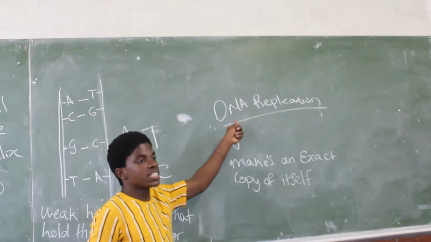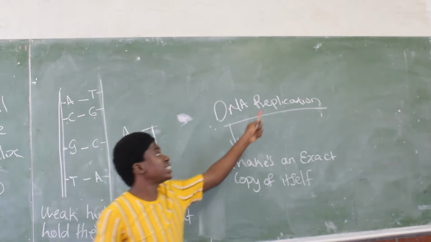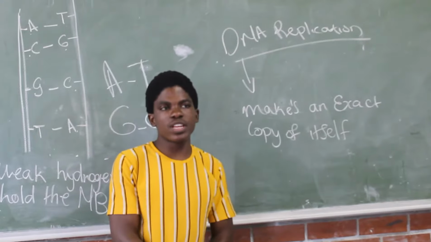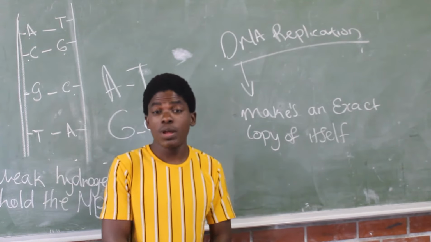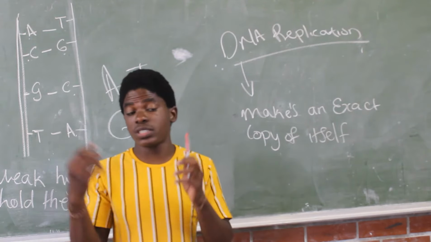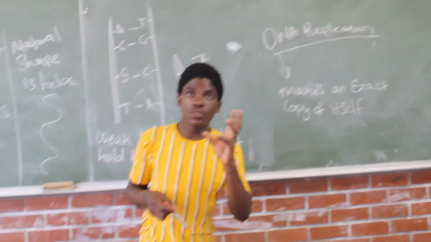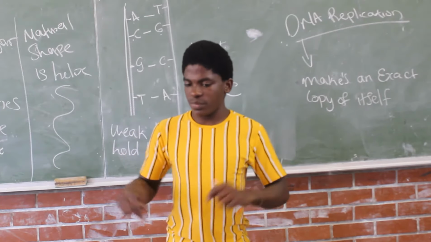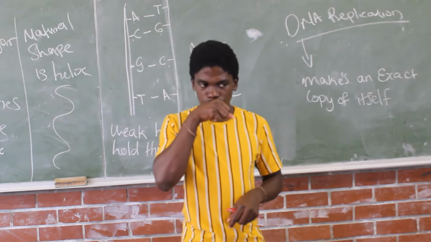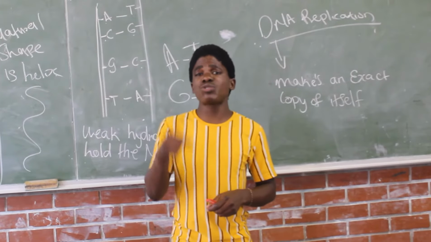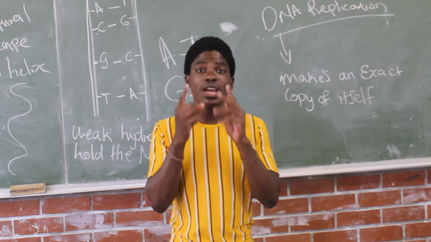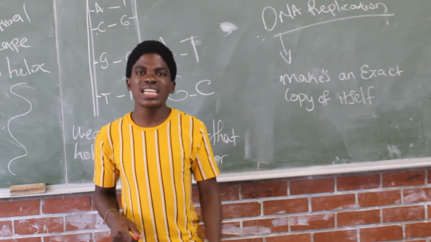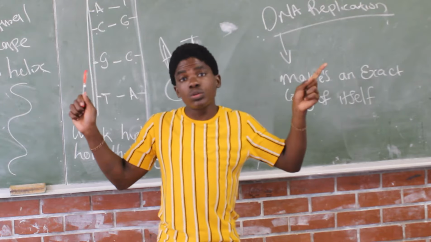When does DNA replication happen? We remember that in grade 10 we did mitosis, which is the cell division of somatic cells, the body cells. And in grade 12 you did the division called meiosis. DNA replication occurs in interphase, in both divisions.